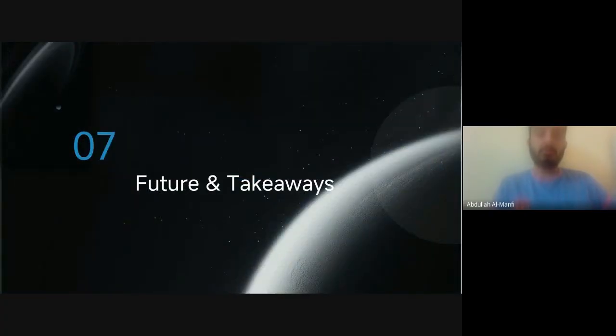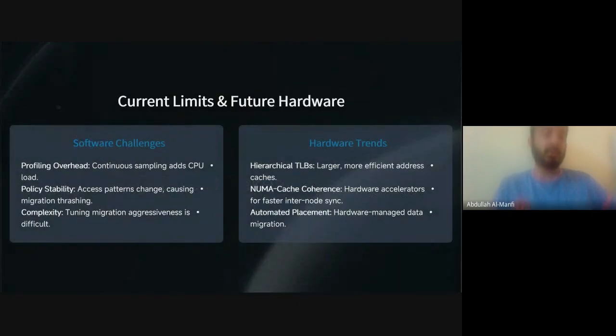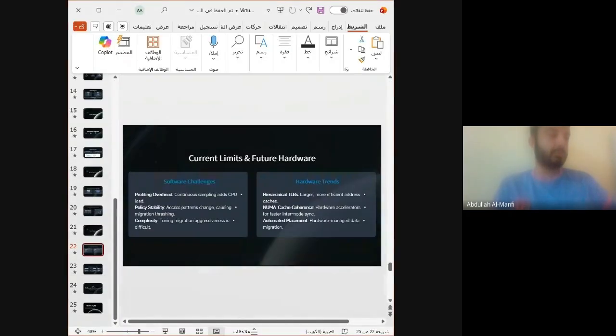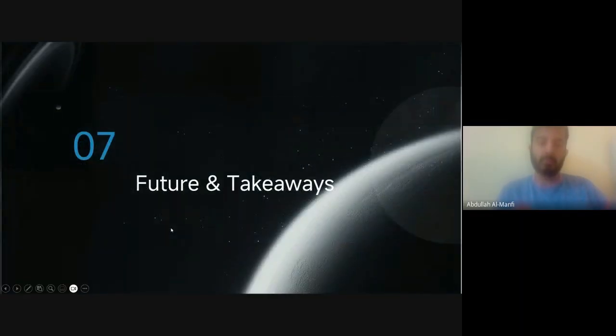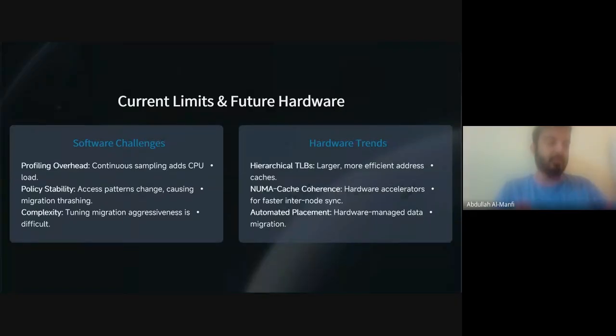Future and takeaways. There are still important limitations, such as migration overhead, and access patterns can change during migration.